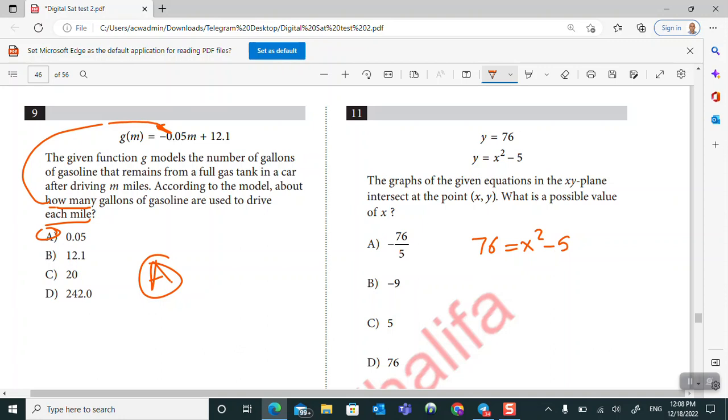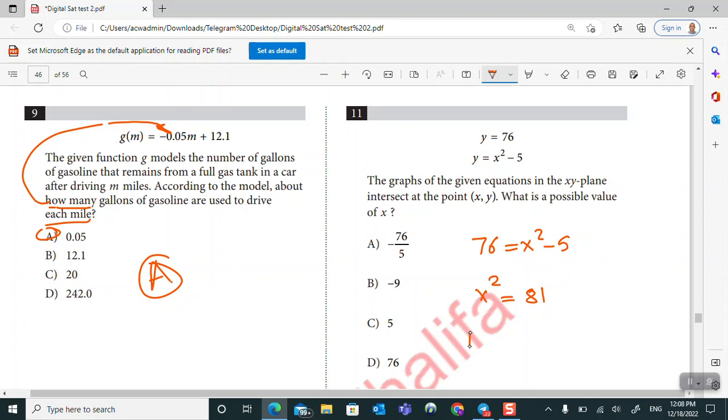Isolate x squared, so you will have x squared is equal to 81. Raise both sides to the power of half in order to get rid of that exponent.